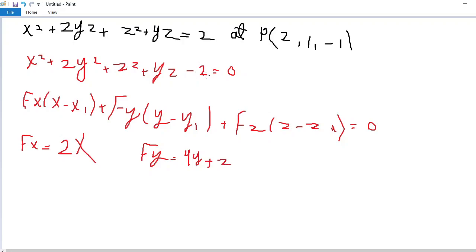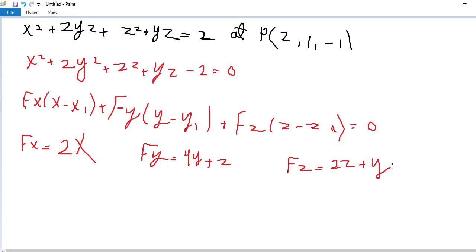And minus 2 is going to be 0. The third partial derivative, with respect to z: here is going to be 0, here 0, here we will have 2z, and then plus y. So the first step after the equation is to find the partial derivatives one by one.